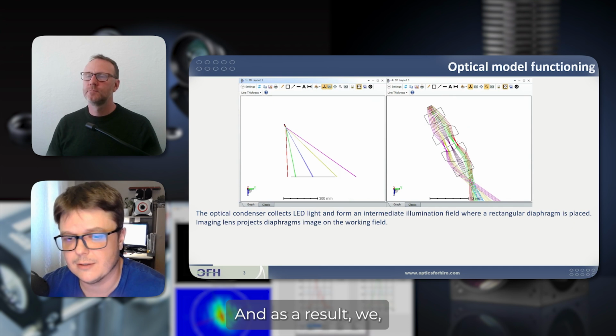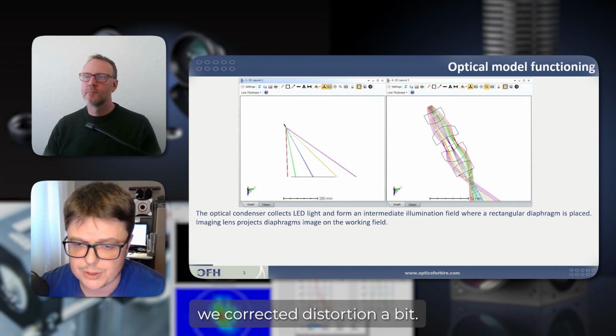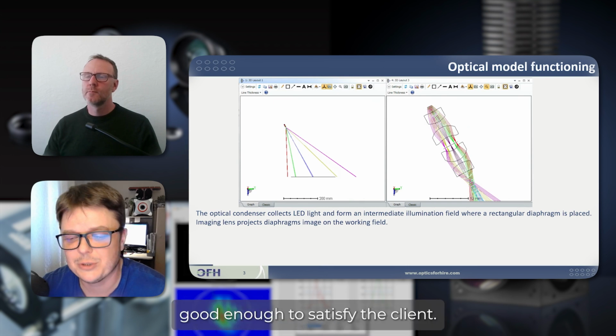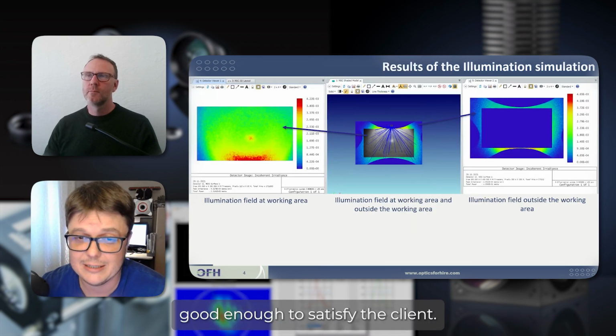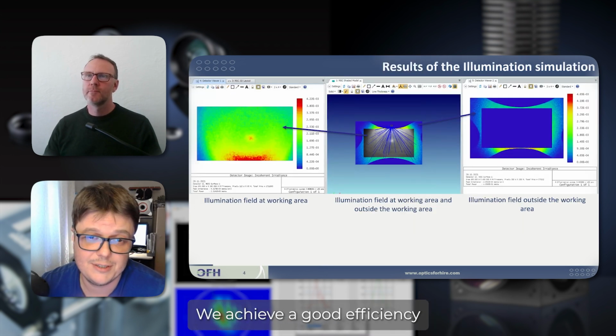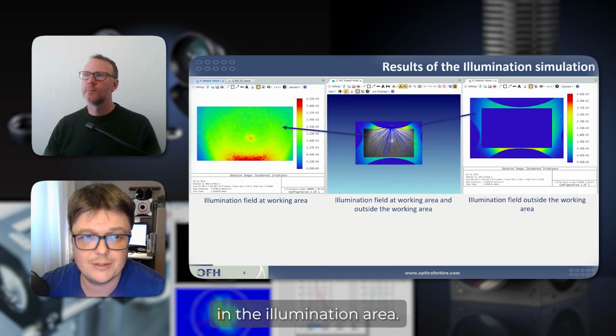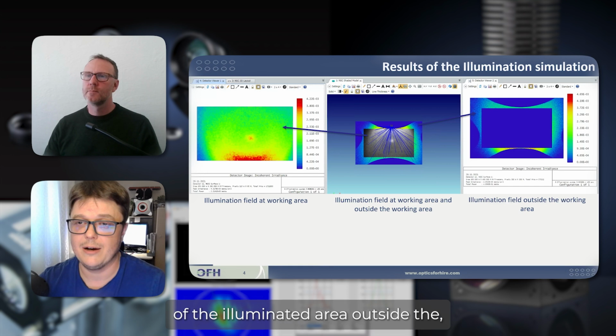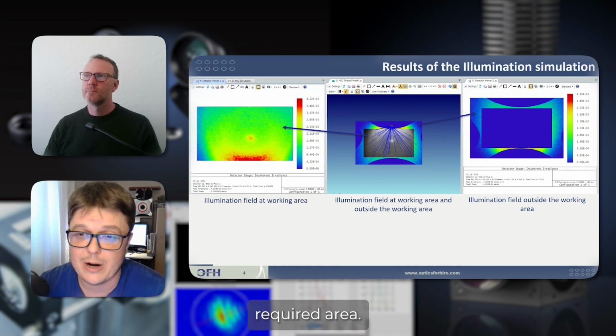And as a result, we corrected distortion a bit, good enough to satisfy the client. We achieved good efficiency and good uniformity in the illumination area. Additionally, we decreased the illuminated area outside the required area.